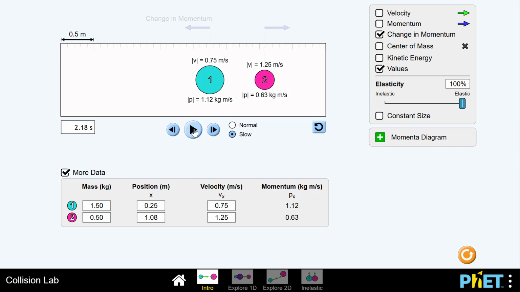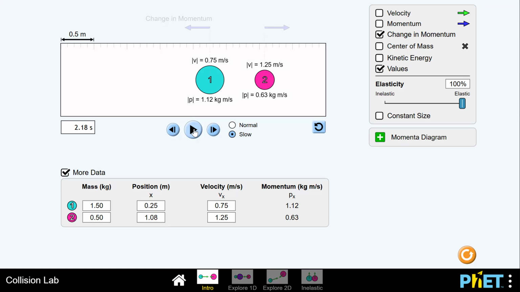So multiply 1.50 into 0.75. That is P1 equal to 1.125. This is the final momentum of the first object.